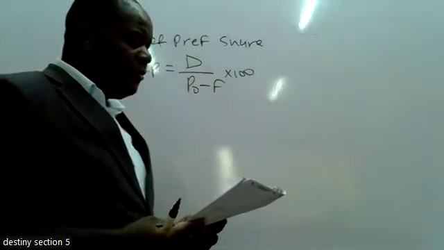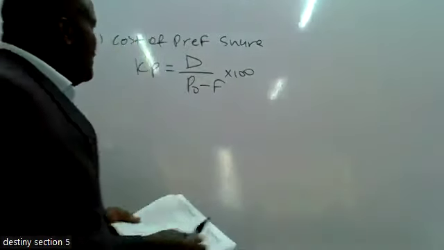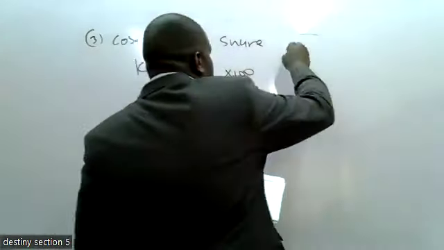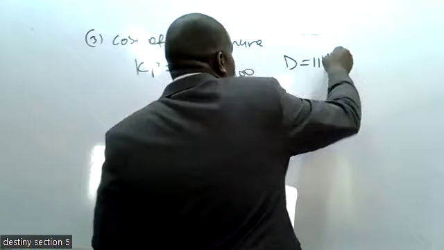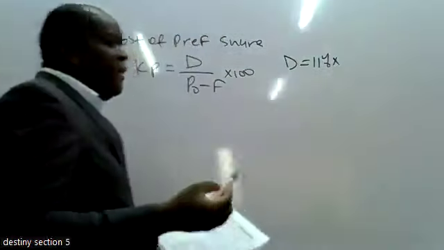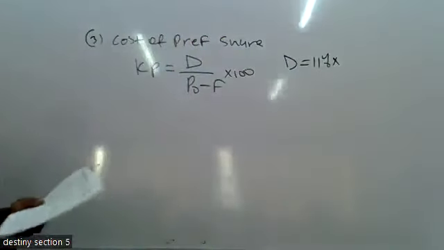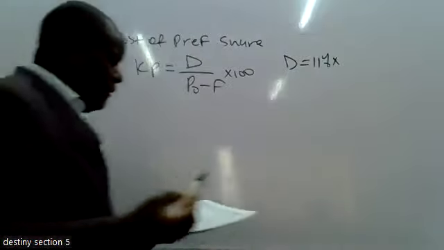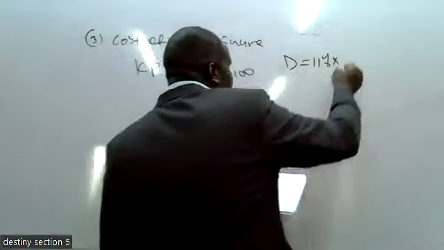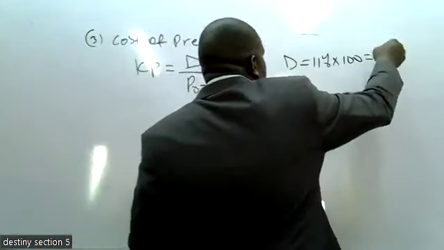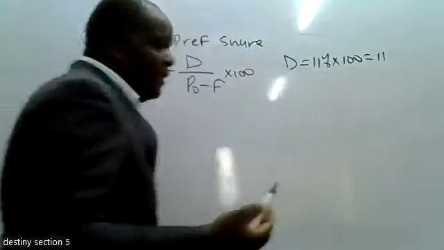New preference shares will be issued at par. So our dividend will be 11% of the par value. Dividend is 11. The coupon rate is the dividend rate.